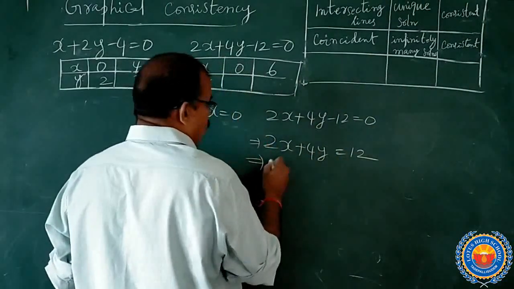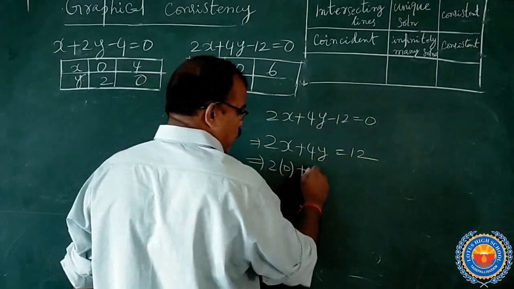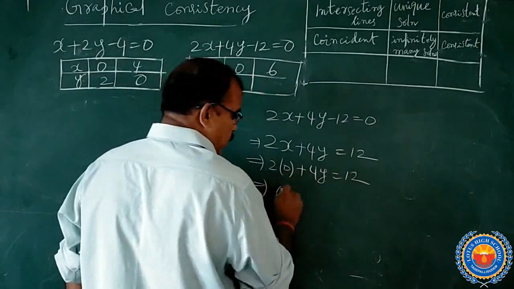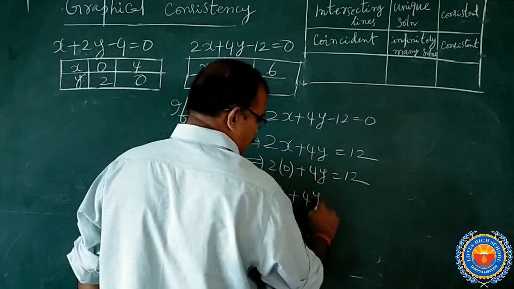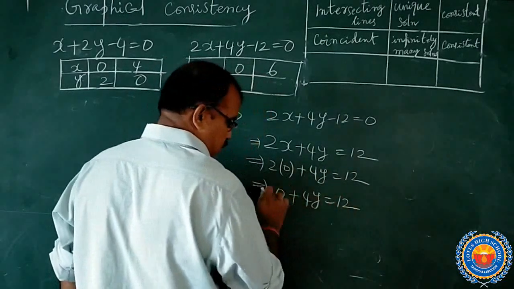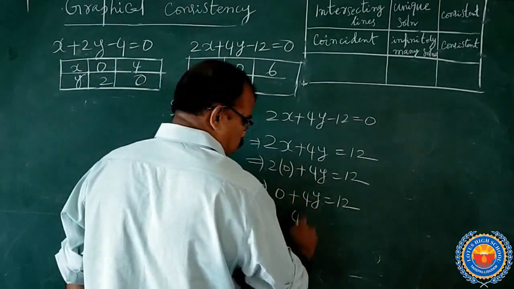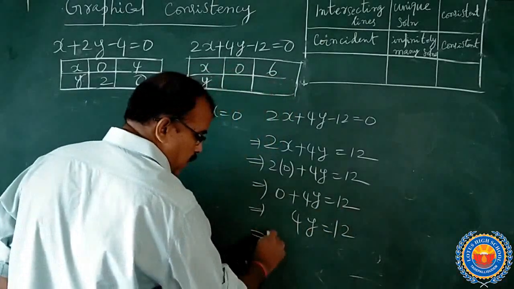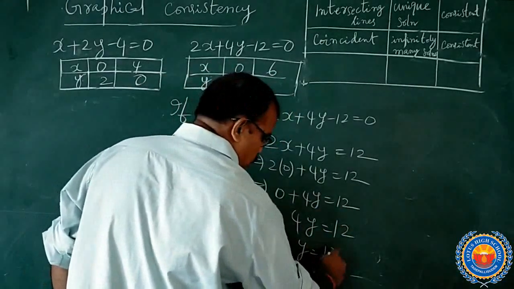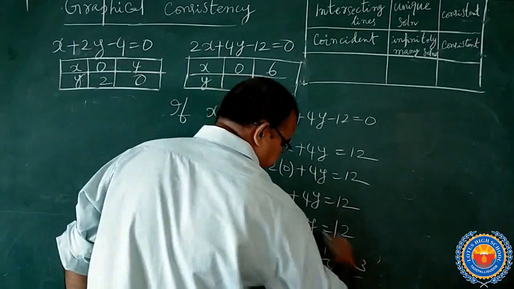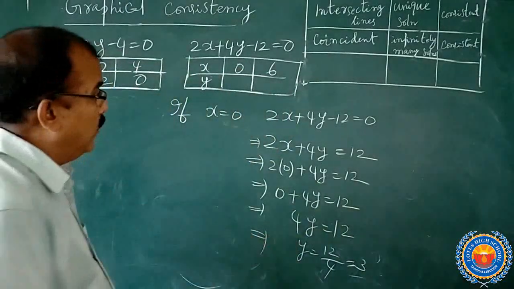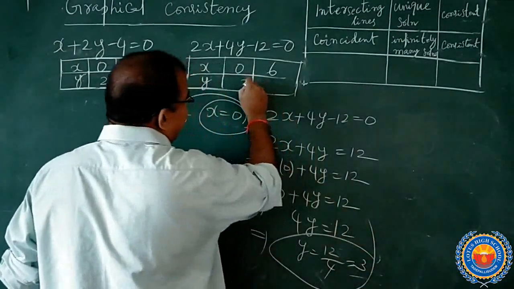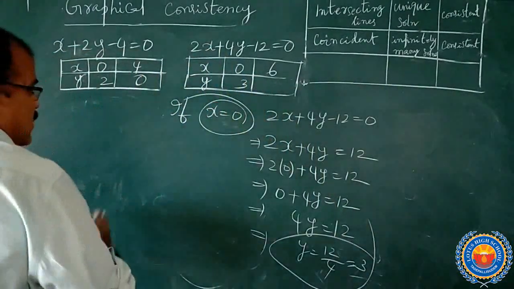That implies 2 into 0 plus 4y is equal to 12, so 4y is equal to 12. So y is equal to 12 by 4, which is 3. If x is equal to 0, y is equal to 3. This first one is over.